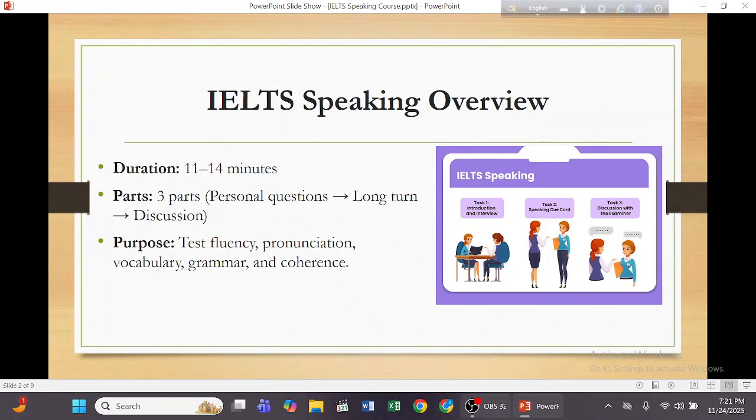For part three, you are asked follow-up questions by the examiner. It is a very informal test, and the examiner assesses your criteria, for example fluency, pronunciation, vocabulary, grammar, and coherence.